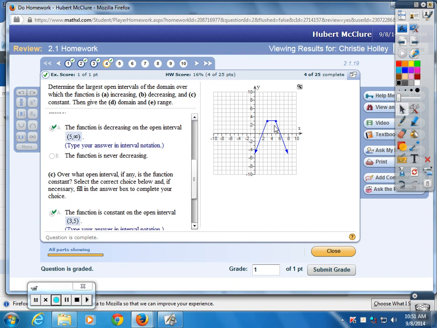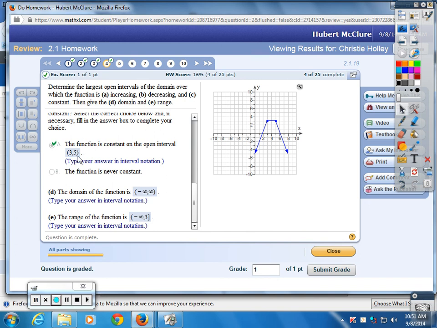Then 5 to infinity would be decreasing. And where is it level? From 3 to 5. And your domain is all real numbers. Range is from negative infinity to 3. Okay? I'm not going to worry about something as trivial as a bracket. Now, are brackets and parentheses trivial on other things?